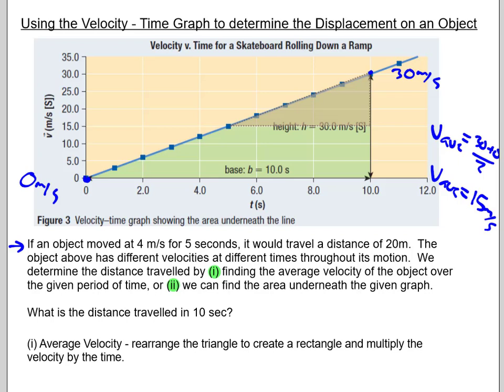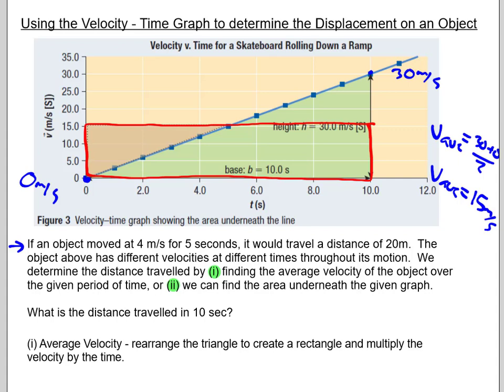The second way is to find the area underneath the given graph, and I find that tends to be a little easier to manage. So I'm going to grab this little triangle here. You can see I've already changed colors, and I bring this down. I've essentially cut the top part off, and I have made a large rectangle.